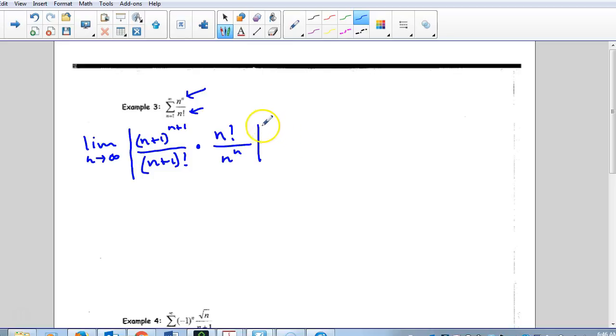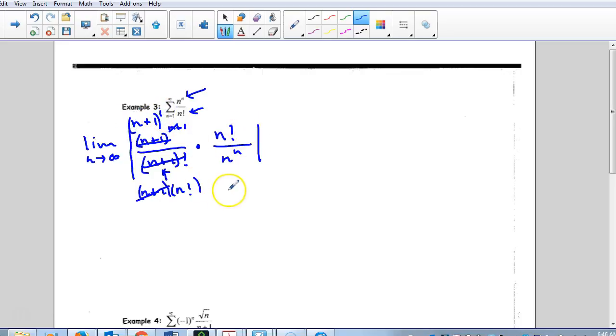Try something else. So n plus 1 factorial, this guy, I can expand it to n plus 1, n, and that's what I'm going to stop with. So n plus 1 times n factorial. And the reason I'm doing that is because I've got an n plus 1 on the top. That n is going to cancel with this, leaving just n plus 1 to the first on top.